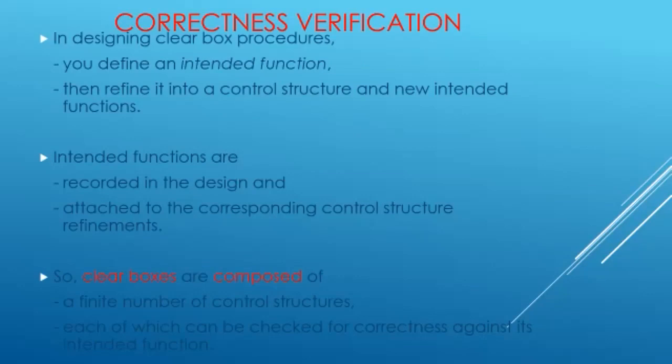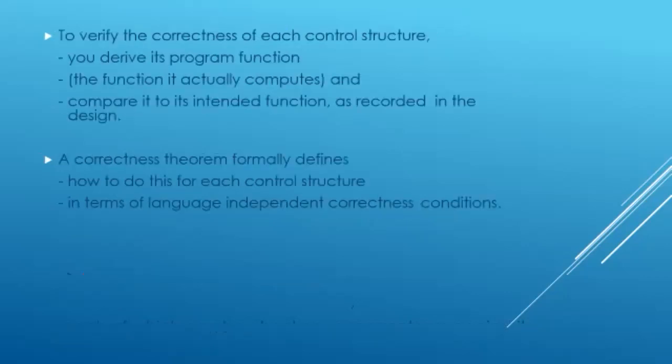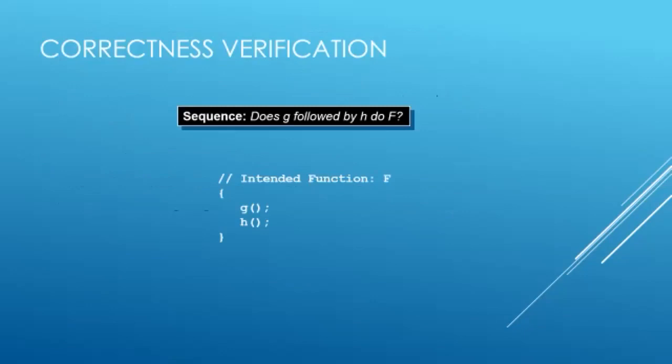So, clear boxes are composed of a finite number of control structures, each of which can be checked for correctness against its intended function. To verify the correctness of each control structure, you derive its program function. A correctness theorem formally defines how to do this for each control structure in terms of language independent correctness conditions. This is the correctness verification. Example.